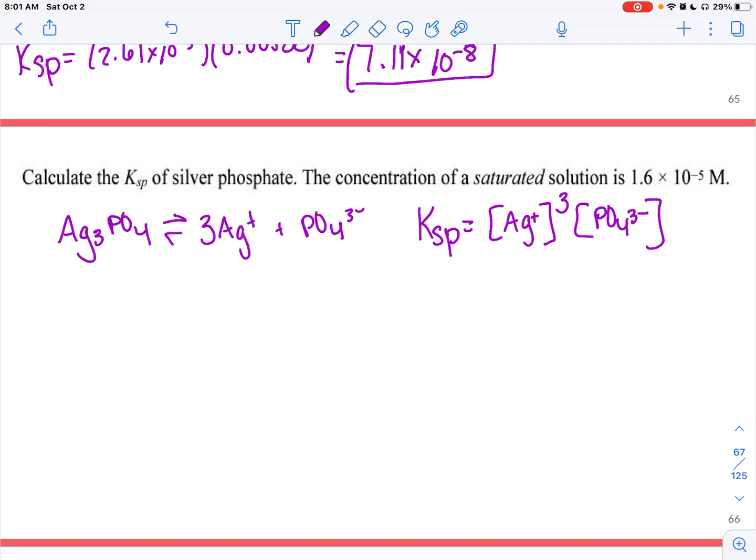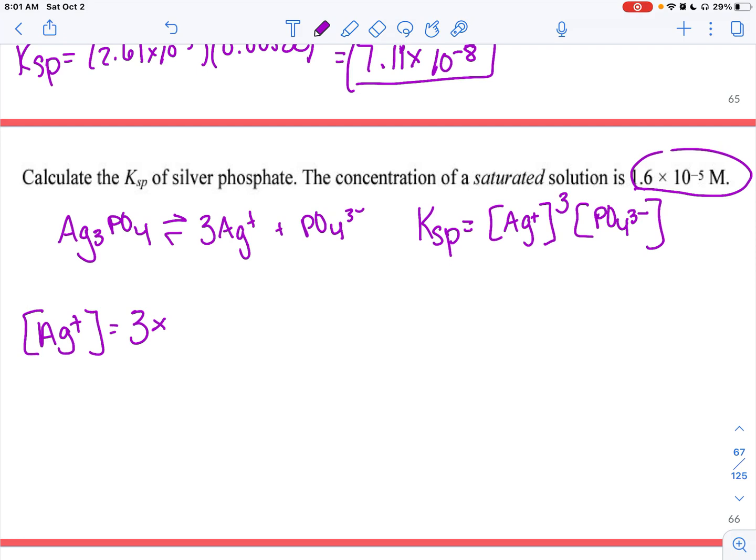So our concentration of Ag plus equals 3 times our concentration of the precipitate. So Ag3PO4, you need to do 3 times that.